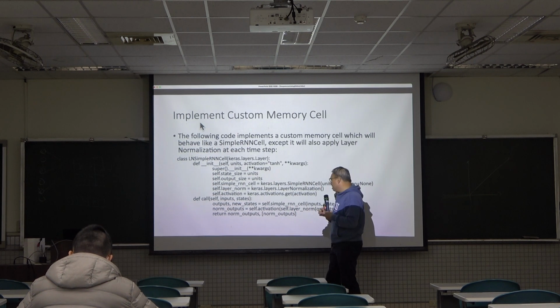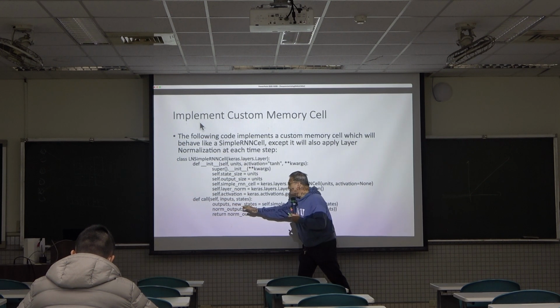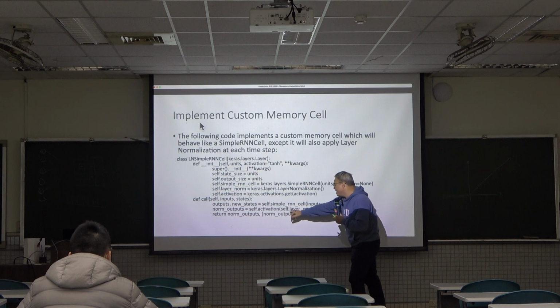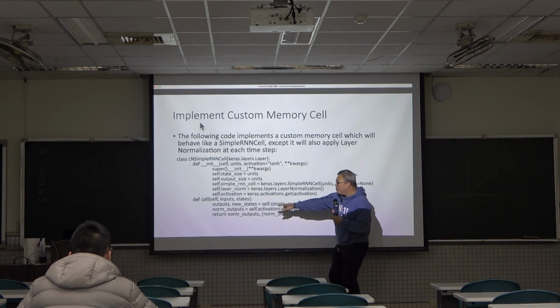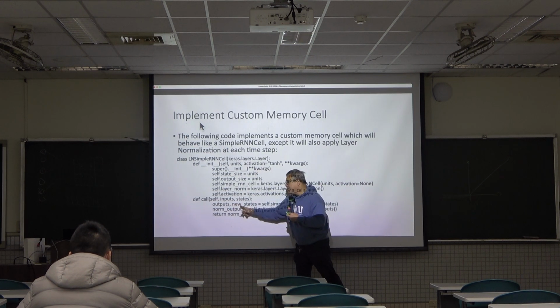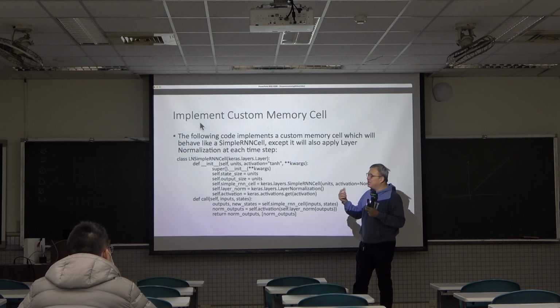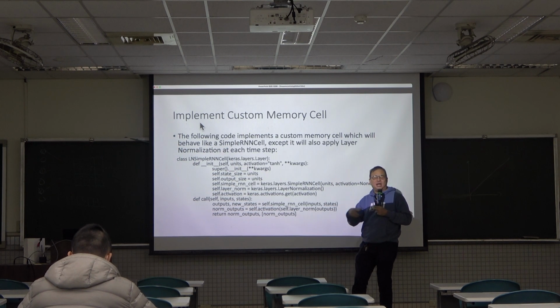So here, you can see that we first compute the output, and then we apply the layer normalization to this output. By the way, the output and new states are the same, because it's a simple RNN cell. We know that the output and the state are the same.